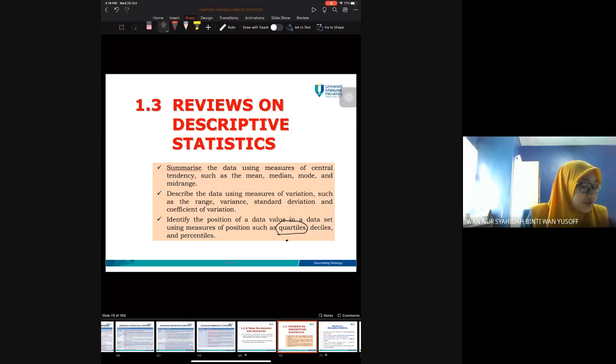We have 3 measures for the descriptive statistic. We have measure of central tendency, which is about the middle of your data set.